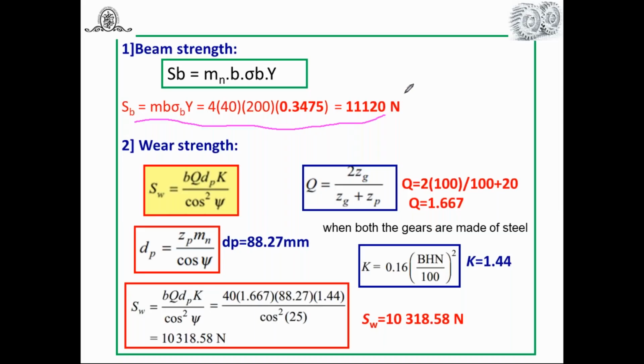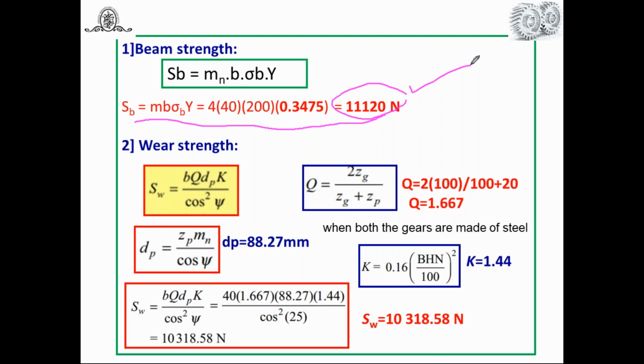You know that relation very well. So first of all, calculate its value. Now, whether the design of this helical gear should be based on beam strength or wear strength, how do we decide? While solving one problem on spur gear, we have seen that.